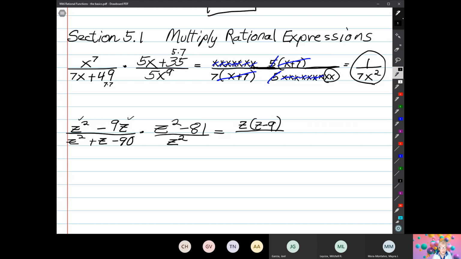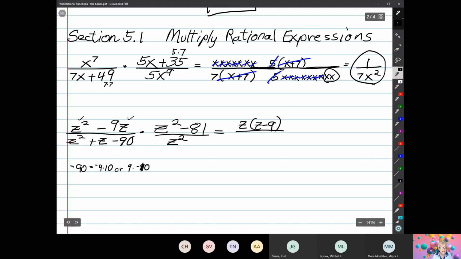And since I know that 90 equals 9 times 10, I know that negative 90 will either equal negative 9 times positive 10 or positive 9 times negative 10.